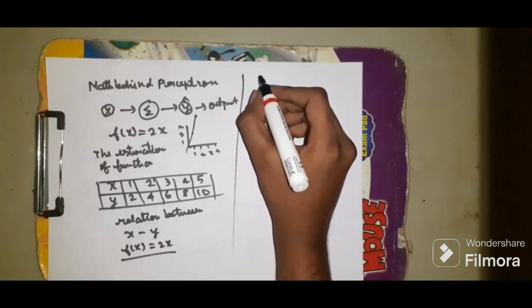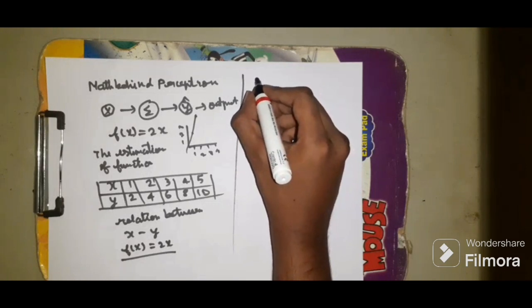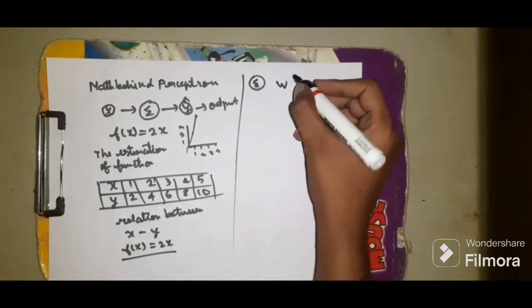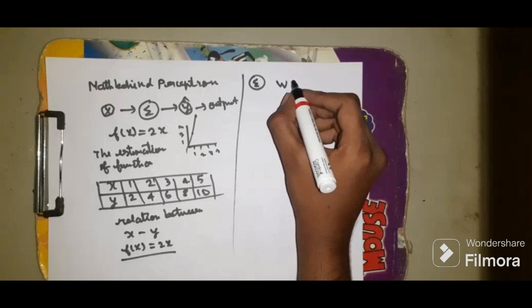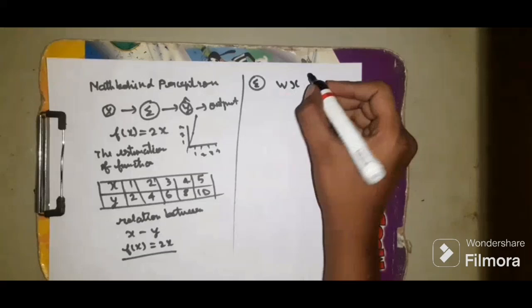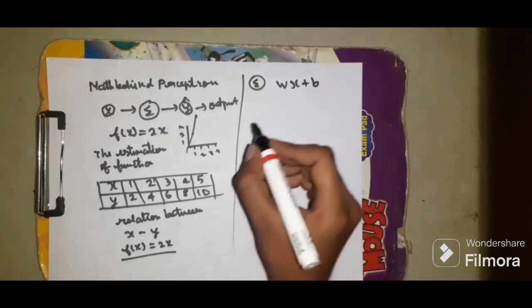And the underlying structure of the perceptron looks like this. It has weights, and it will be multiplied with the input, and we will add a bias.